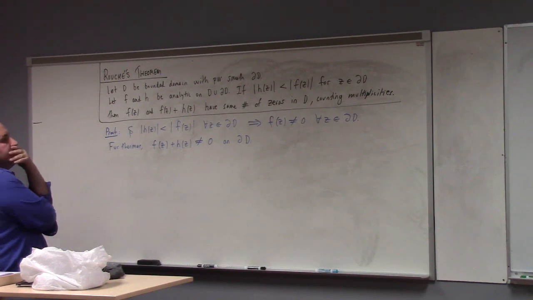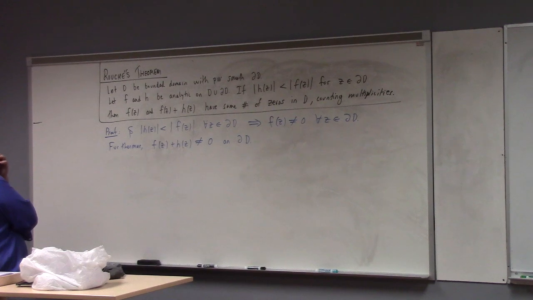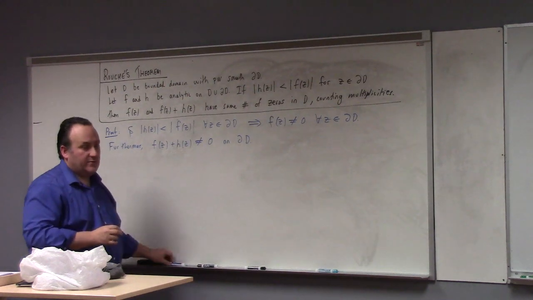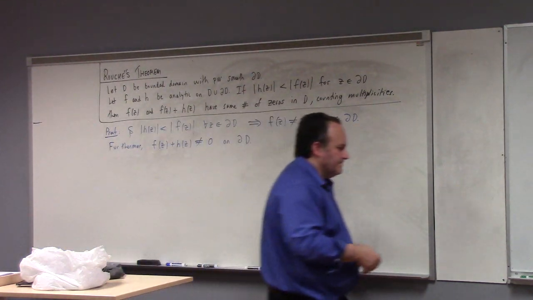Is that clear? There's a little contradiction proof to do here, right? So let me just show you it. Suppose there was a z where this was equal to 0. What would that mean?